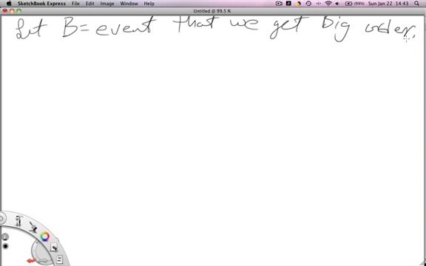Remember that we usually use capital letters to indicate events. Then let L be the event that we lose money. Let's also keep track of the probabilities we've been given. The probability of B is 0.4, while the probability of L is 0.5.